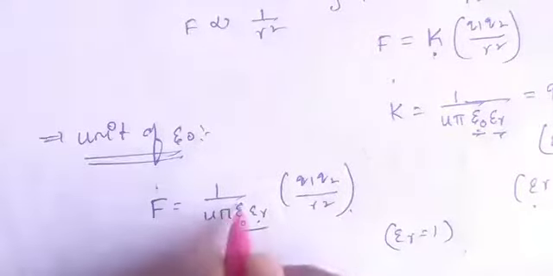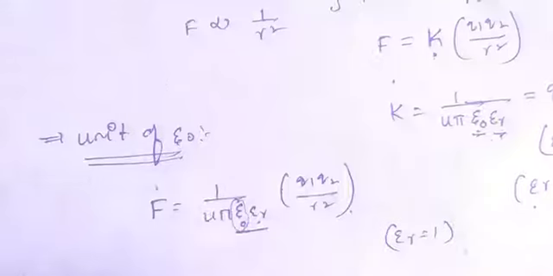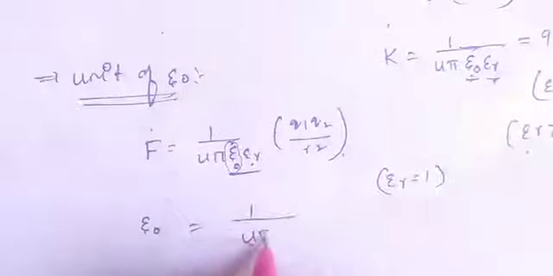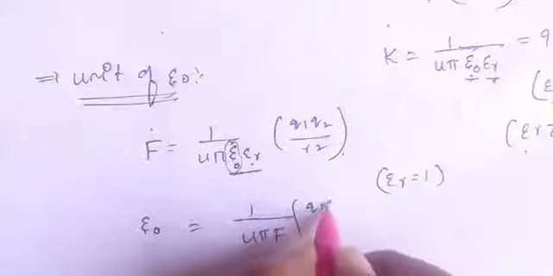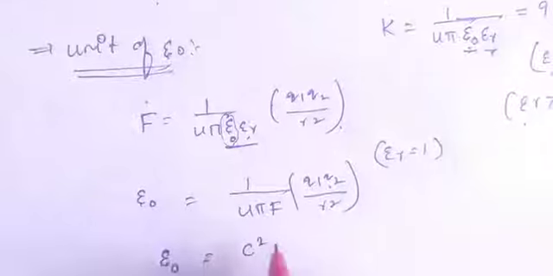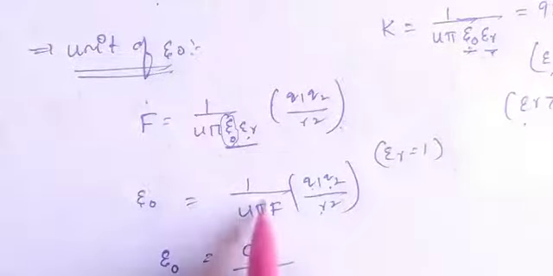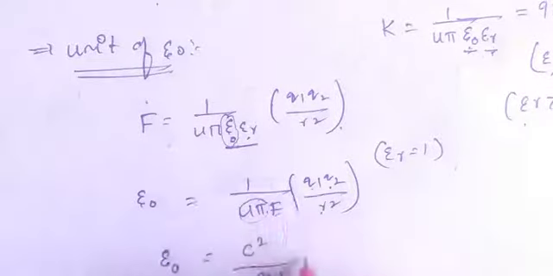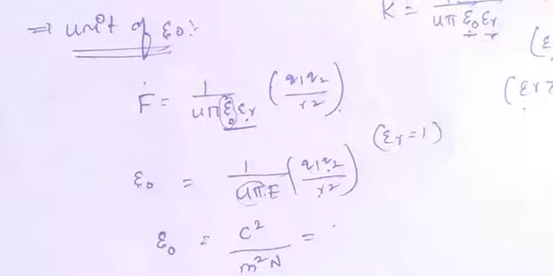Here we want the units for epsilon naught, so epsilon naught is equal to what? 1 by 4 pi F into q1 q2 by r square. So epsilon naught is equal to q1 q2, meaning Coulomb square, and r square means meter square. Here 4 pi is a constant and force means Newton.